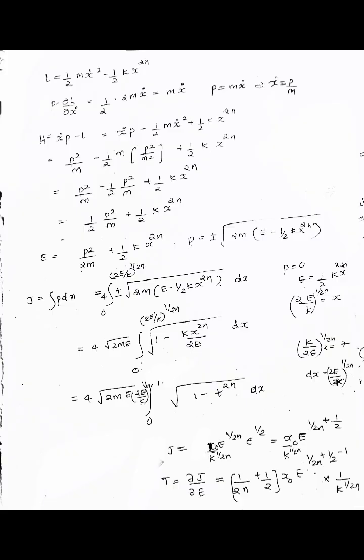Then T, that is tau, is equal to tau j by dou e, that is equal to 1 by 2n plus 1 by 2 into x naught into e raised to 1 by 2n plus 1 by 2 minus 1 into 1 by k raised to 1 by 2n. And this is equal to 1 plus n by 2n into e raised to 1 plus n by 2n minus 1 into 1 by k raised to 1 by 2n.